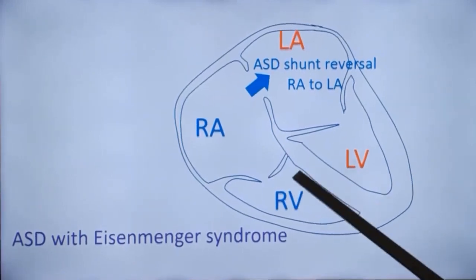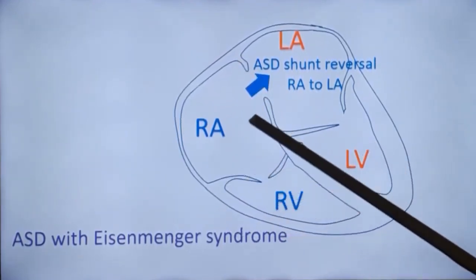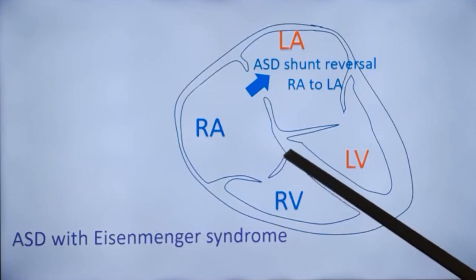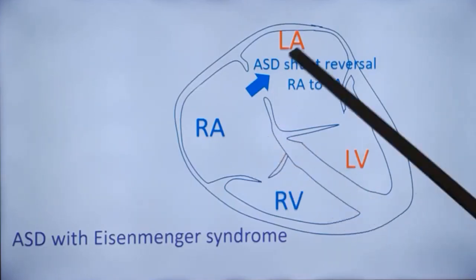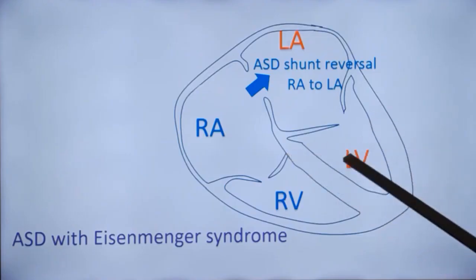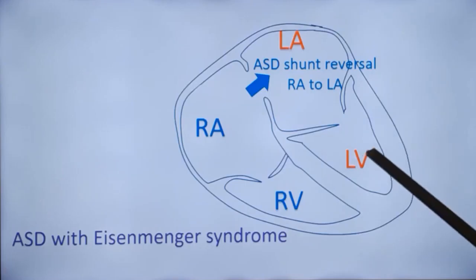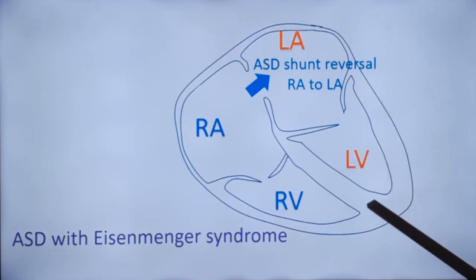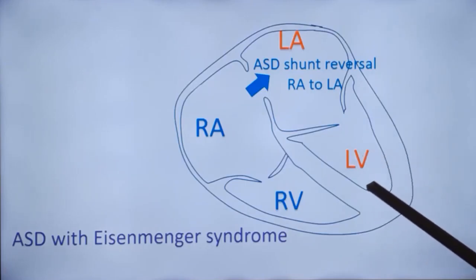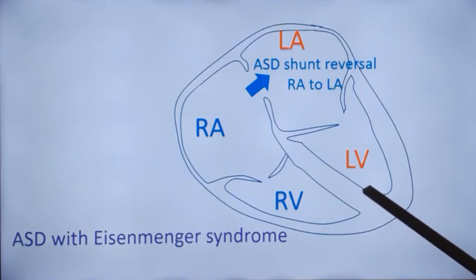Another difference is that the right atrium is grossly enlarged in ASD. It produces cardiomegaly on X-ray in ASD Eisenmenger. In the other two Eisenmenger syndromes, even though they may have cardiomegaly when there's a large left-to-right shunt in infancy, the cardiac size regresses when pulmonary hypertension develops and shunt decreases.